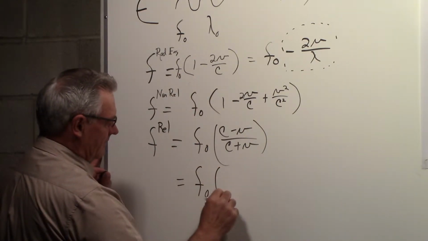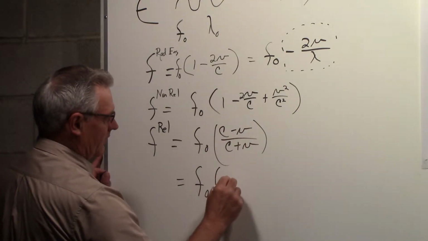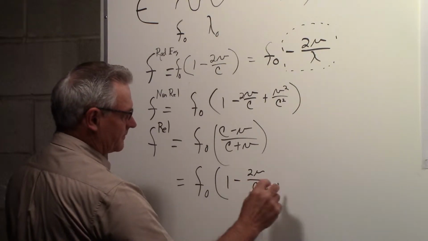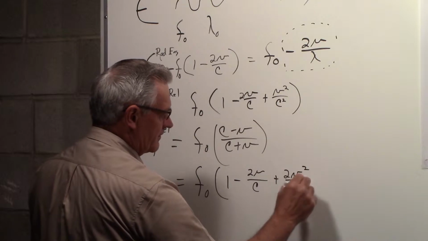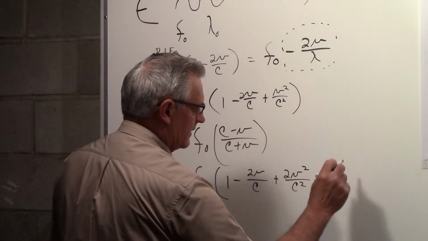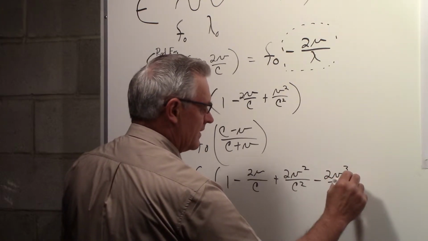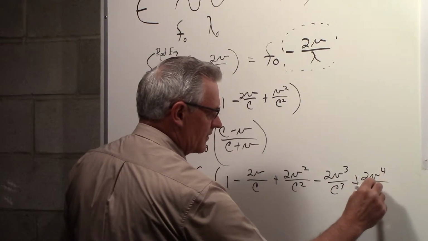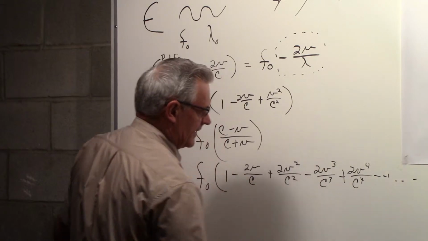If we do that, due to division, we get f0 times 1 minus 2v over c plus 2v squared over c squared minus 2v cubed over c cubed plus 2v to the fourth over c to the fourth. And you can see what's happening all the way down the line.